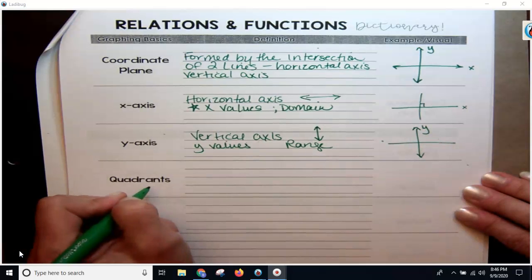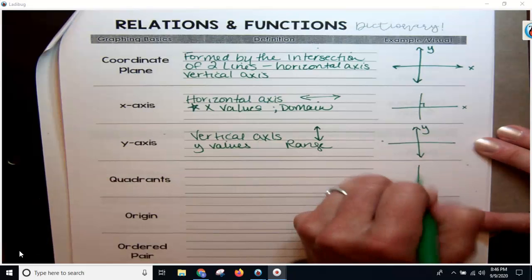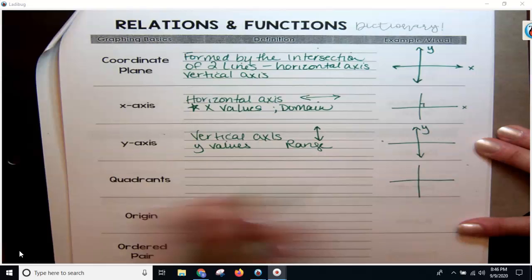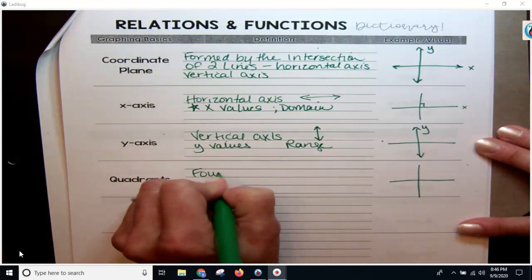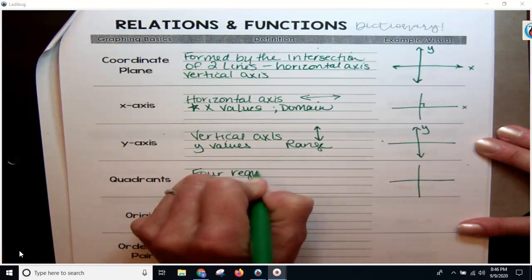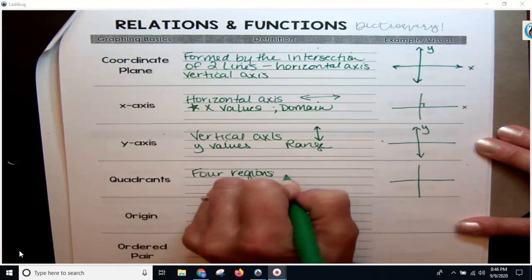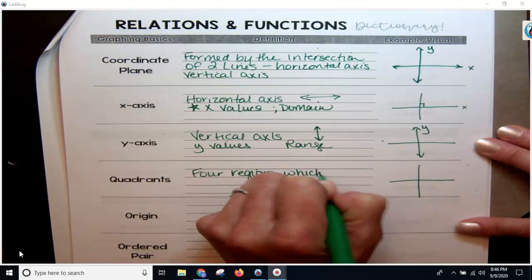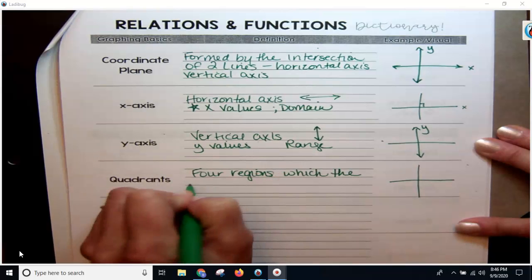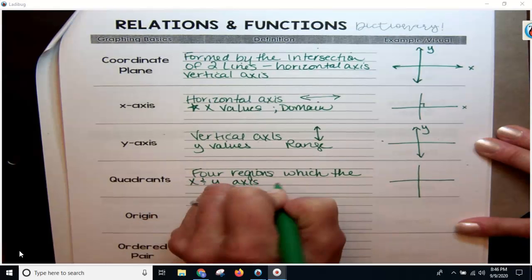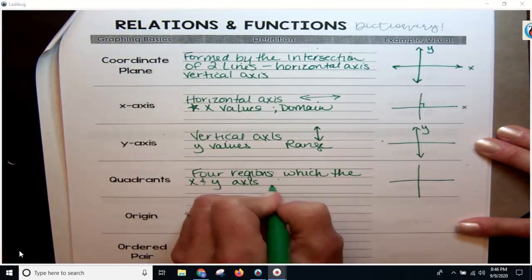Okay, your quadrants in your coordinate plane. Your quadrants are labeled as there's 4 regions that the x and y axes separate.